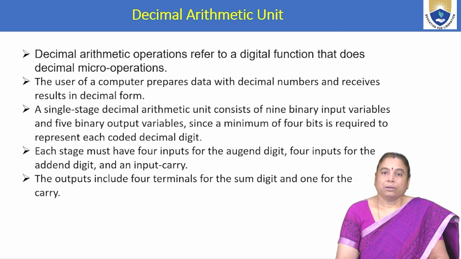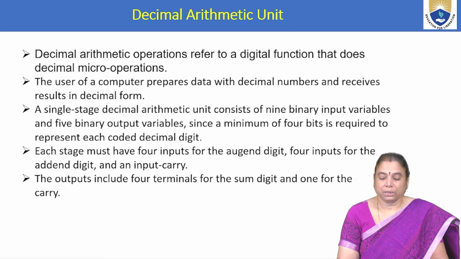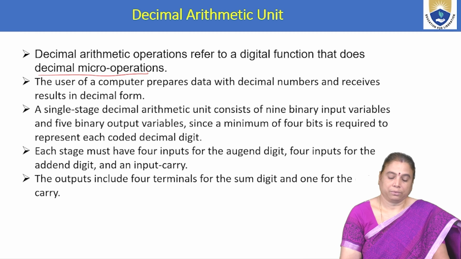So that is how binary division can be performed. Now we can discuss how the decimal arithmetic unit works. Decimal arithmetic operations refer to a digital function that does decimal micro operations.